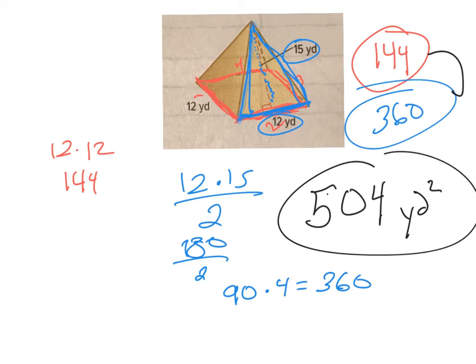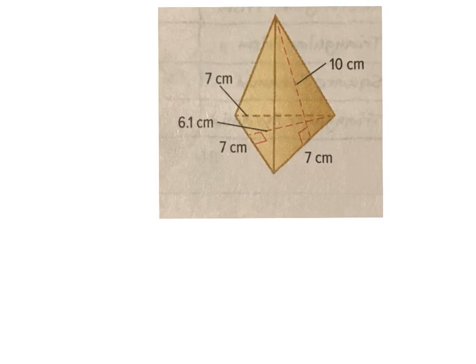And let's look at that one. All right, so here is this one. And I want to find the triangle base first. So it's this, this, and this. That's what it sits on.